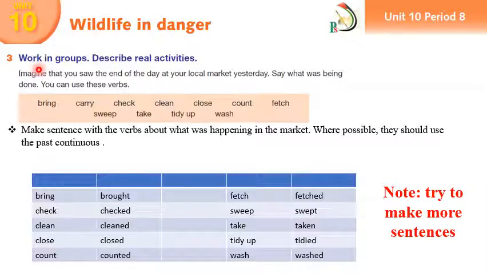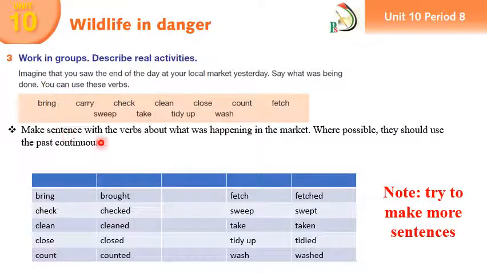Okay, work in groups. Describe real activities. Exercise 3: Imagine that you saw the end of the day at your local market yesterday. Say what was being done. You can use these verbs: bring, carry, check, clean, close, count, fetch, sweep, take, tidy up, wash.